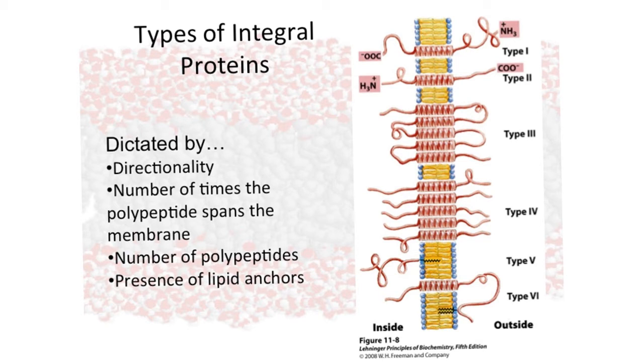That's the only difference, but it only spans once. And that's important because, most obviously, they would have two different charges. If the amino terminus is on the outside of the cell, that's positively charged. If it's on the inside, that means the outside of the cell is showing a negative charge.